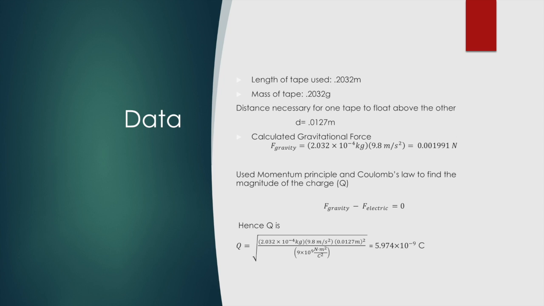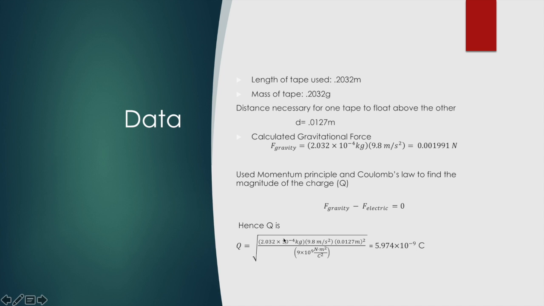So the mass of that tape is 0.2032 grams. We multiply that by gravity, and we got approximately 0.002 newtons. Now we have the gravitational force, so we plug that into Coulomb's law and solve for Q.